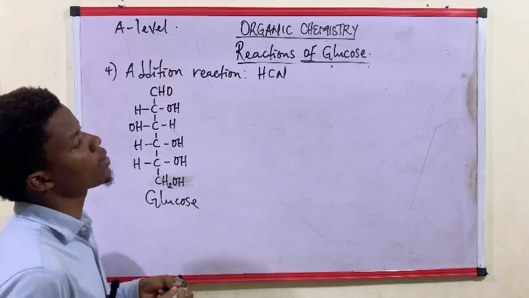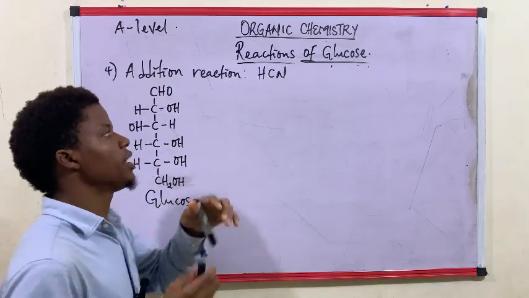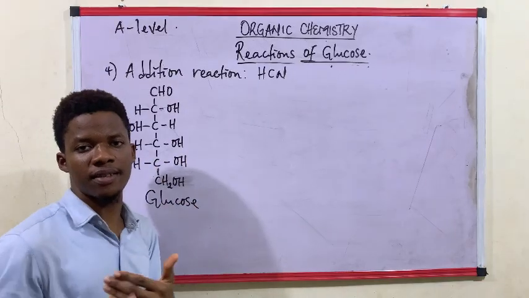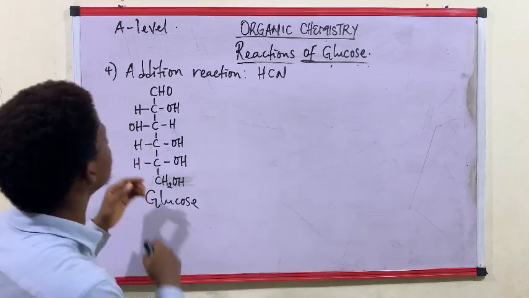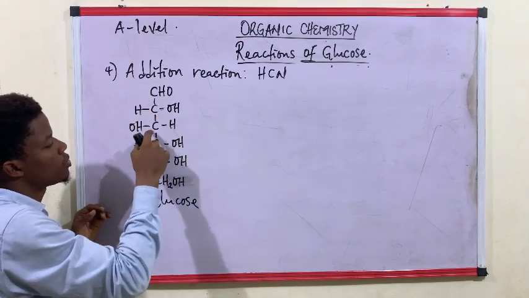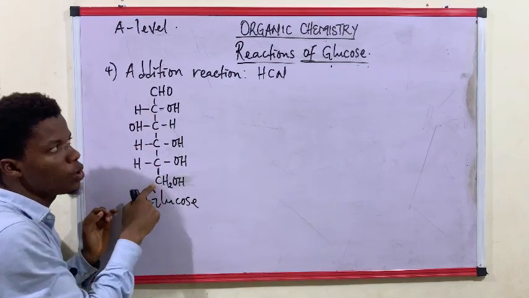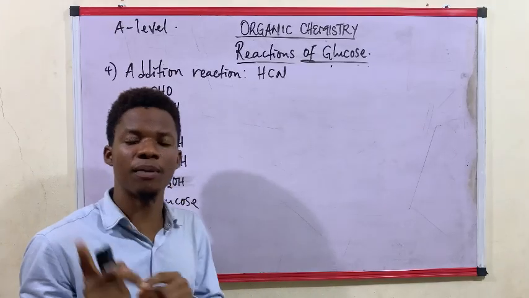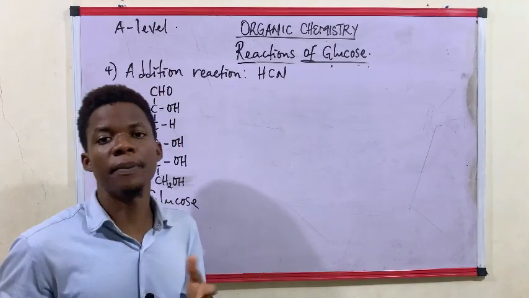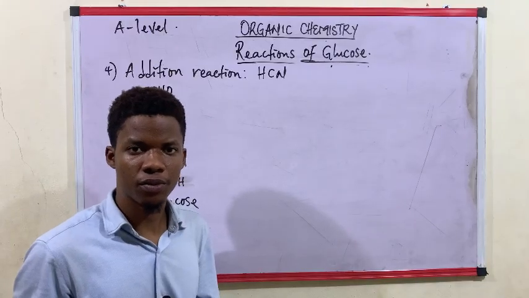So the important thing about this reaction is that it adds to the number of carbon chains. So if this is 6 carbon chains, 1, 2, 3, 4, 5, 6, when you react with hydrogen cyanide, it adds an extra carbon to this carbon chain, thereby making it 7.